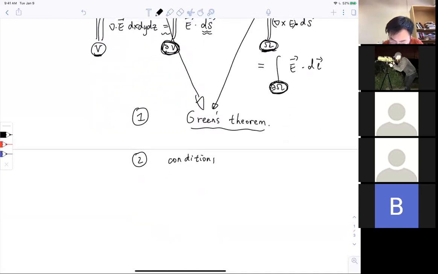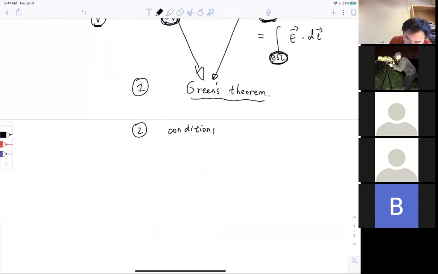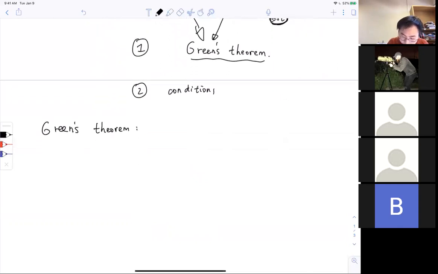Okay, so let's talk about Green's theorem. I actually didn't remember this, so I just copied it from the textbook.